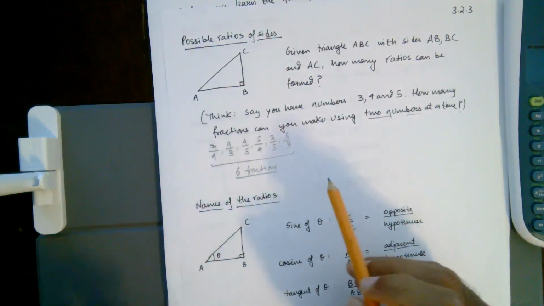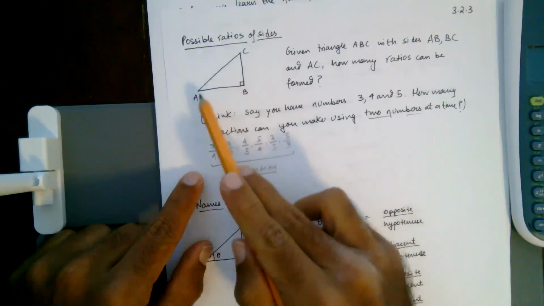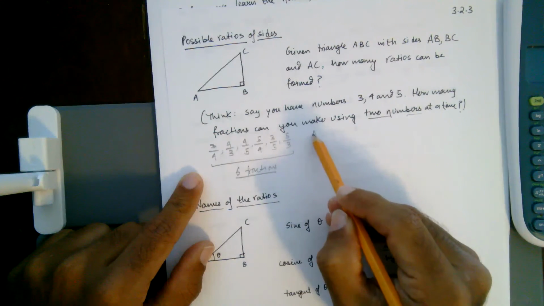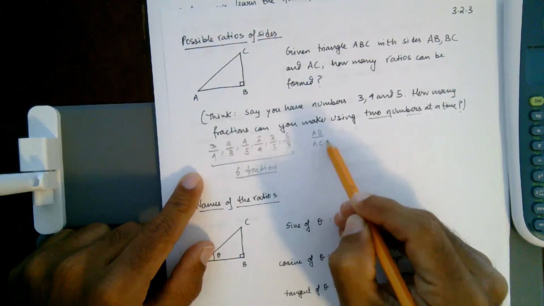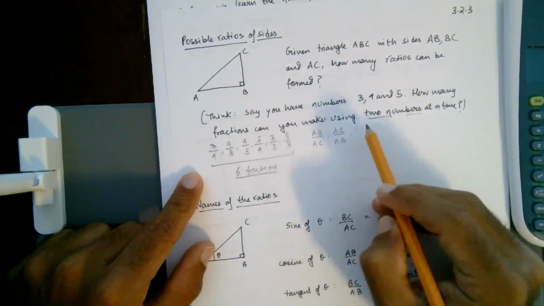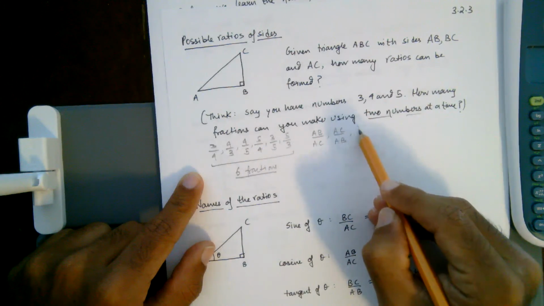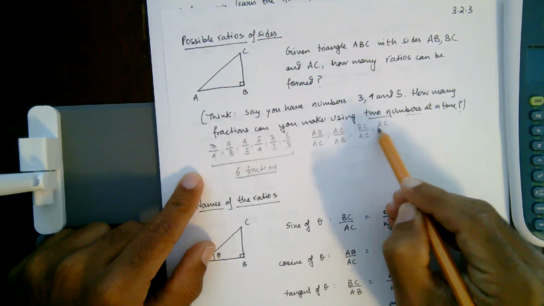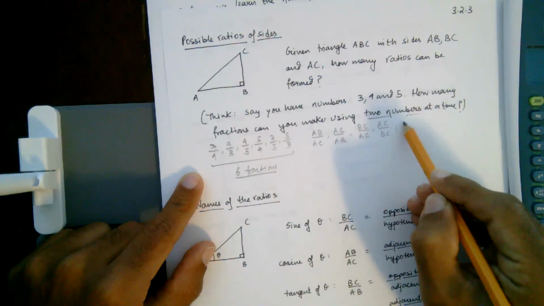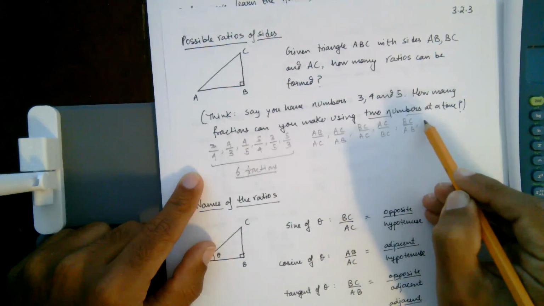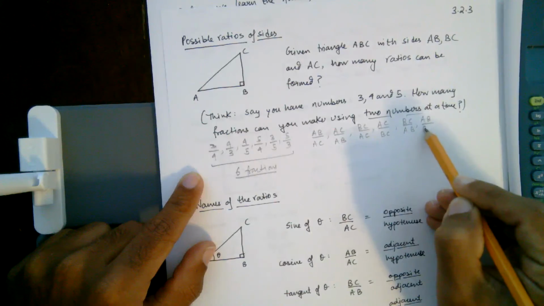Now if you were to do this generally, using the three sides AB, BC and AC, I can have a fraction AB over AC, and its reciprocal, AC over AB. Then I can have BC over AC, and its reciprocal, AC over BC. Then I can have BC over AB and its reciprocal, AB over BC.